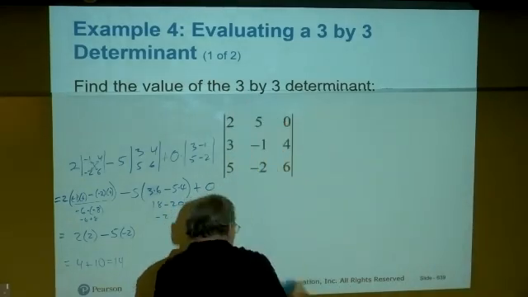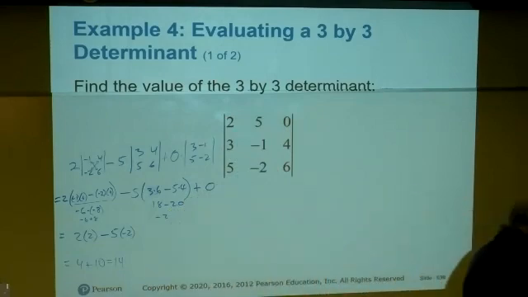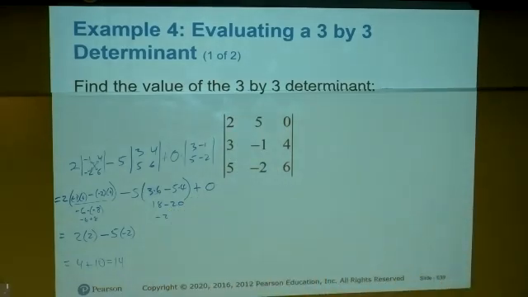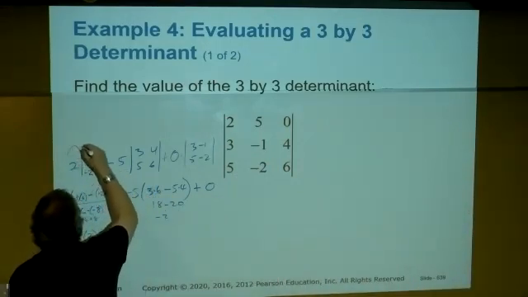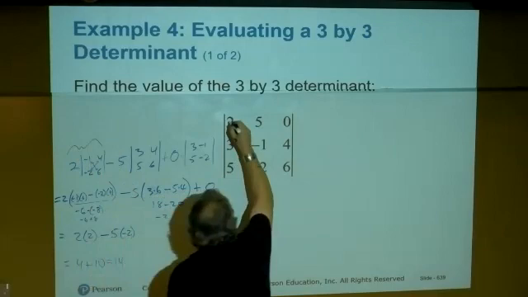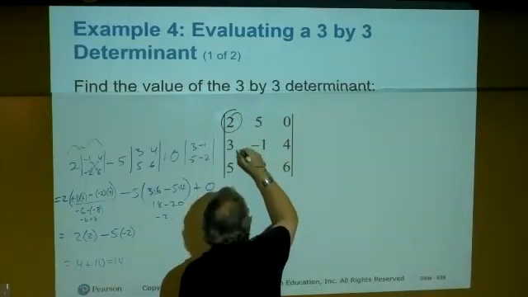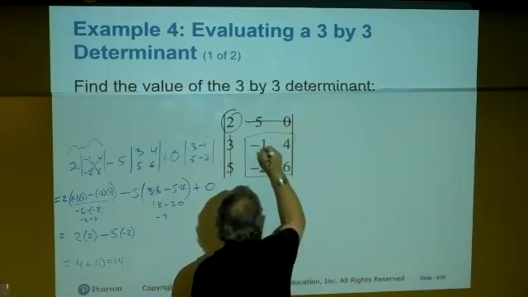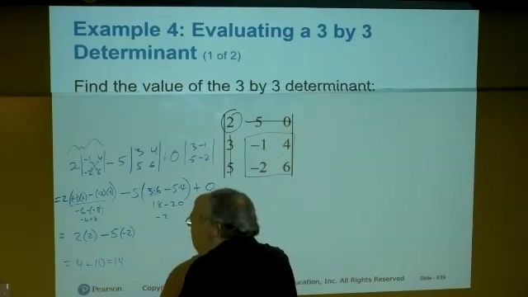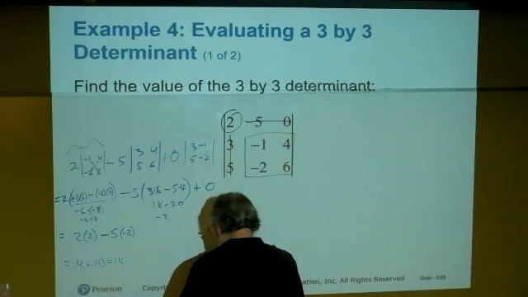So a lot of times how I do this, right? This first one here is this 2. So I ignore these and I'm going to multiply this, the remaining, this is the minor for that 2.